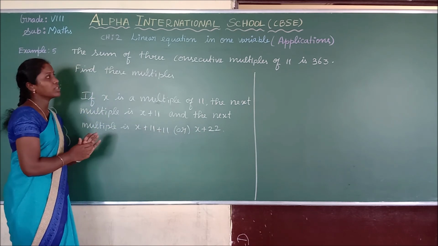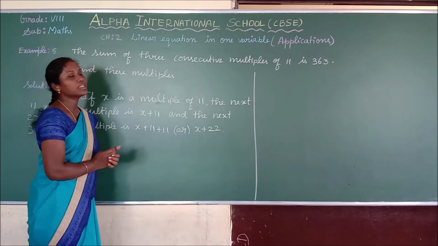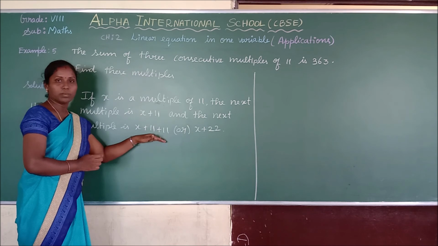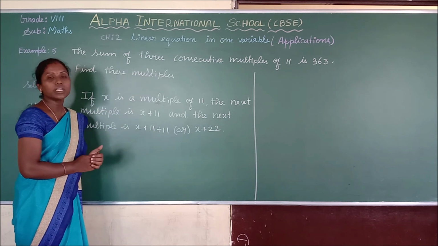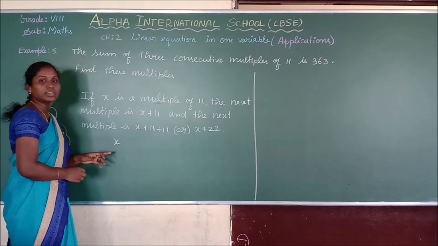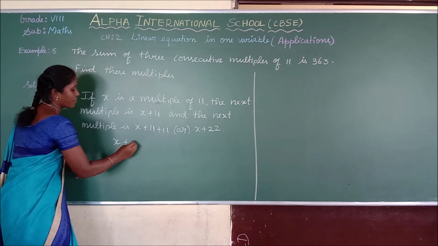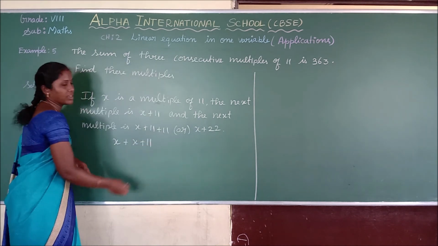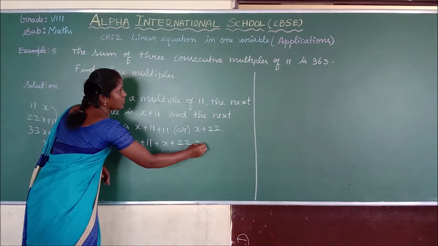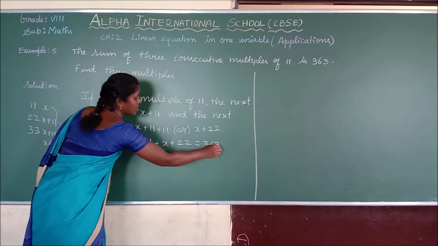What is given in the question? The sum is equal to 363. If you are adding these 3 consecutive numbers, the sum is equal to 363. So x plus x plus 11 plus x plus 22 is equal to 363.